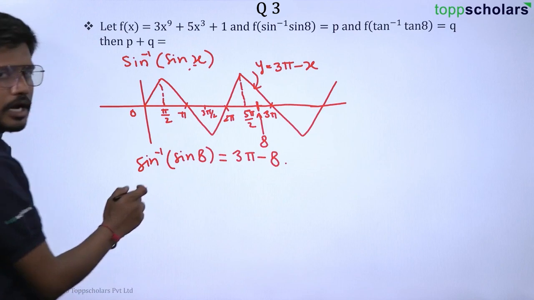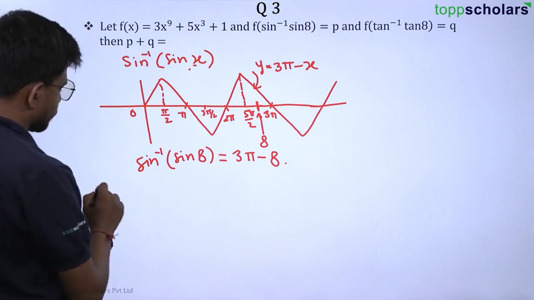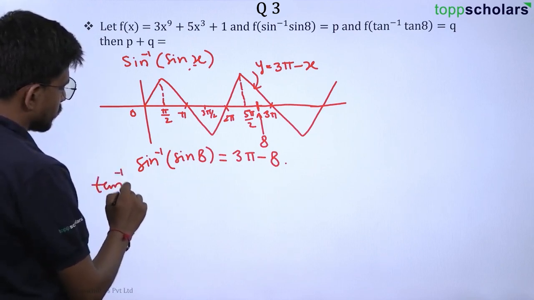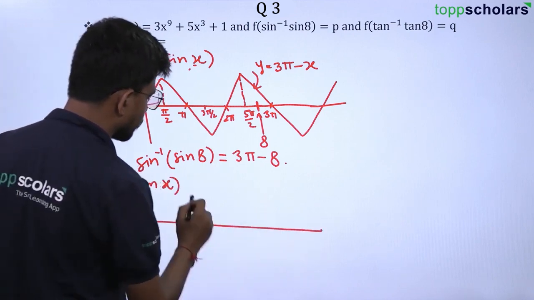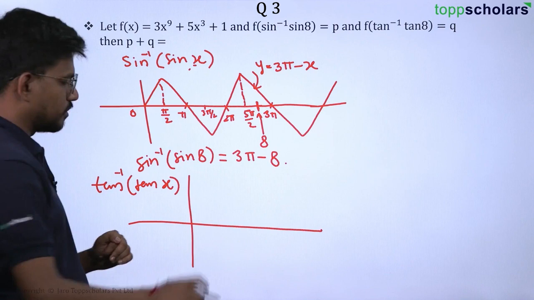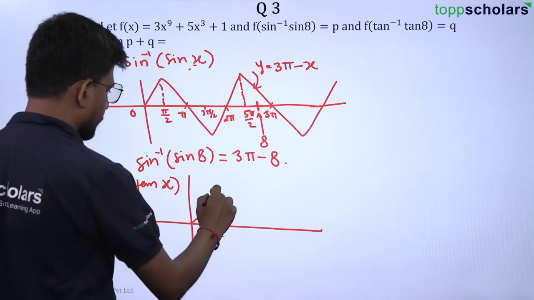Then we plot the graph of tan inverse of tan x. So the graph is pretty simple rather. What is the graph? So the graph goes like this.